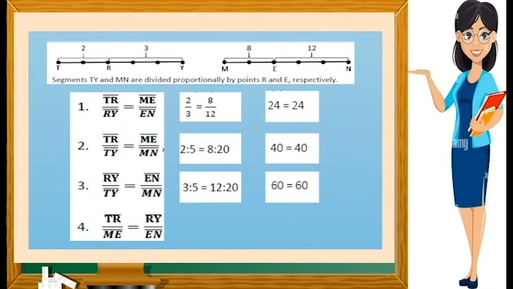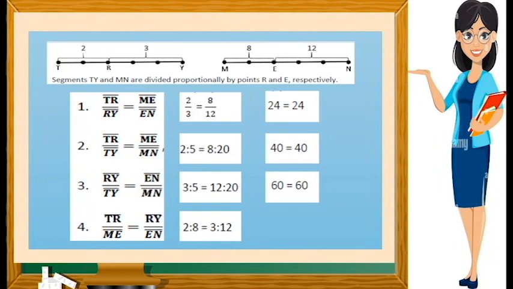For number 4, we have TR is equal to 2, corresponding to ME, which is equal to 8, as RY is 3 and EN is equal to 12.